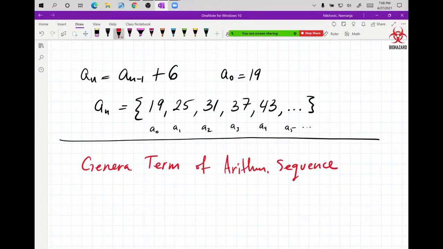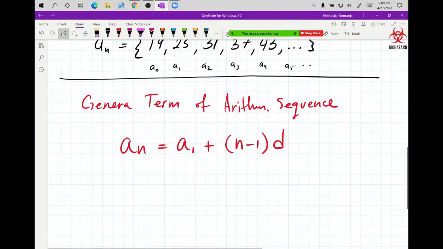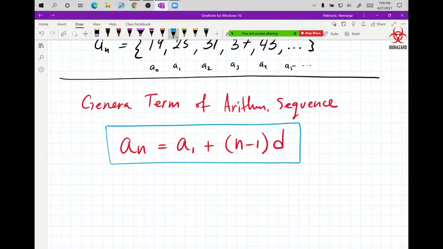The general formula is that a_n is equal to the first term, a_1, plus (n minus 1) times d. Because the formula has a_1, you have to start at a_1.